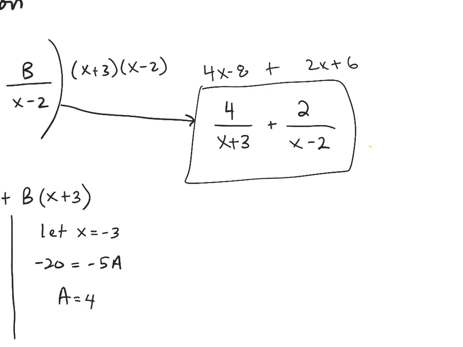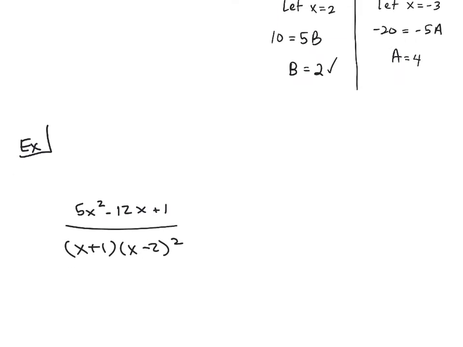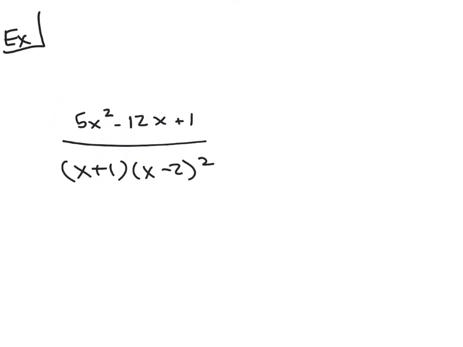That was with a case of distinct linear factors. If we have a case here where we have a combination of a distinct linear factor and a repeated factor, the process is similar. It's still step one, which is find the form of the partial fraction.